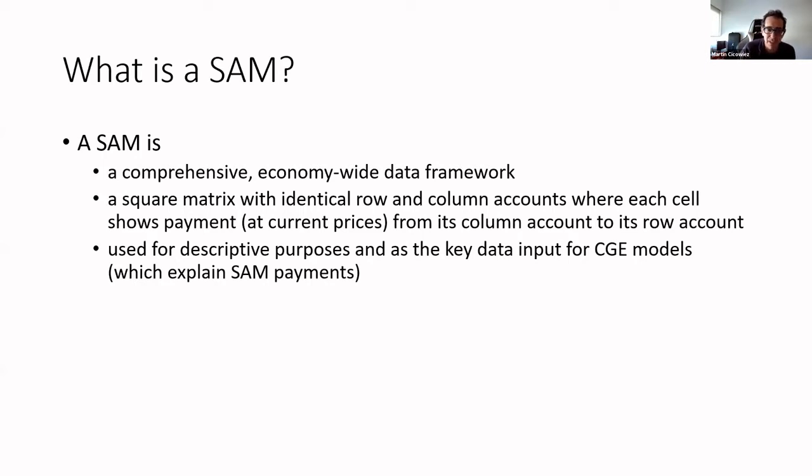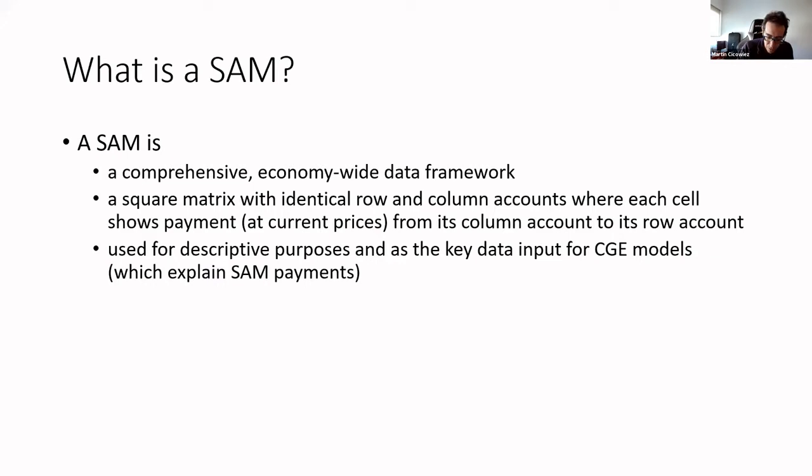These are usually expressed at current prices, which means that we have values in a social accounting matrix, and we are going to talk about how we can combine values in the social accounting matrix with satellite accounts, like, for example, on hours of work or tons of output. We can do that, but the social accounting matrix itself will be expressed in values.